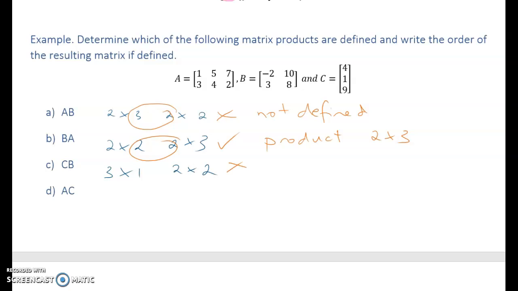And AC, we've got 2 by 3 and 3 by 1. Yep, that works. And you can see we've got 2 by 1 left outside, so the product would have the order of 2 by 1.